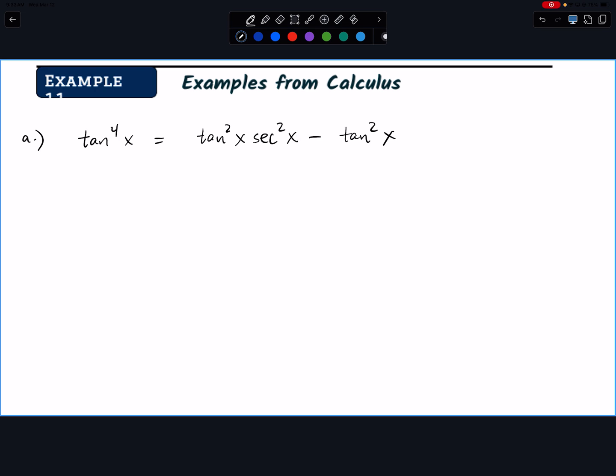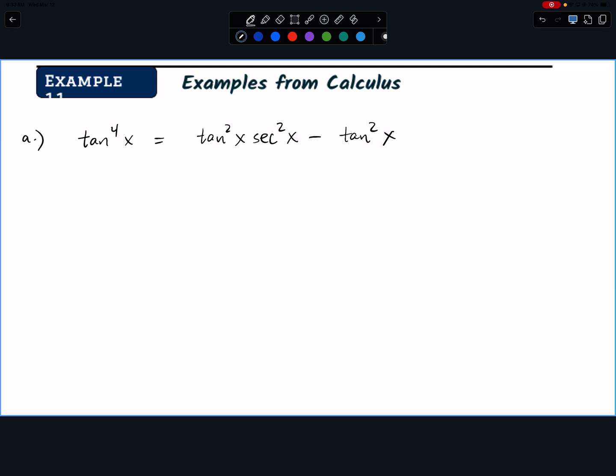Which side looks more complicated? The right side. So this and this. Do you guys notice something? They both have tangent squared.